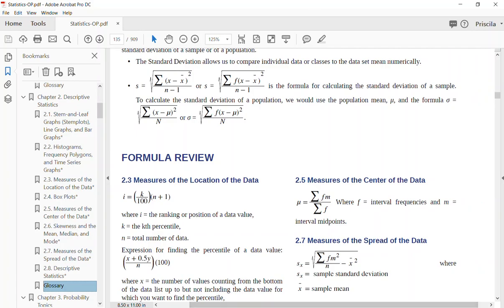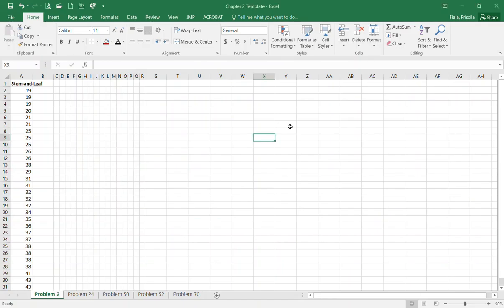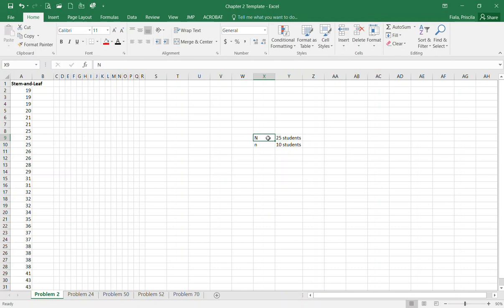Okay, so for example, quickly, if I have 25 students in class like right now, but I ask you to pick only 10 students out of the 25 to do a project, then your whole population is 25, but the sample of your population is only 10, okay, which is going to represent your whole population.